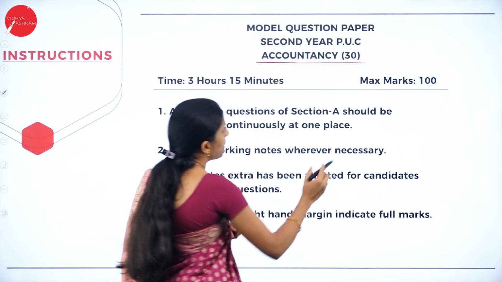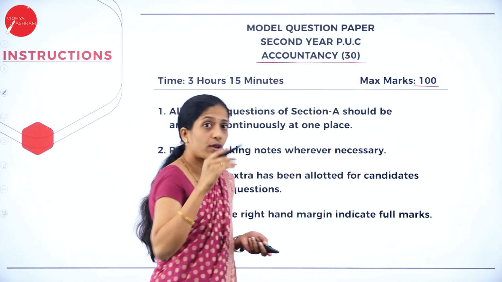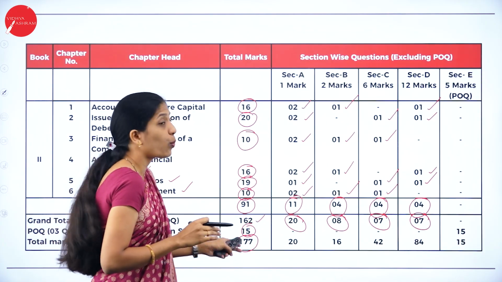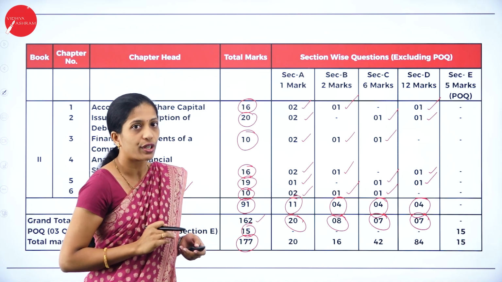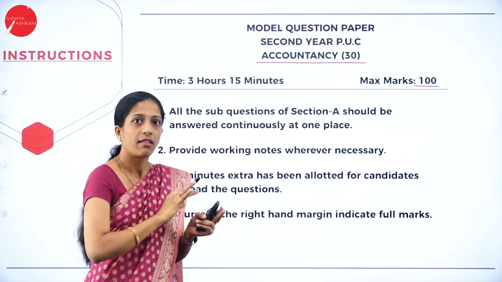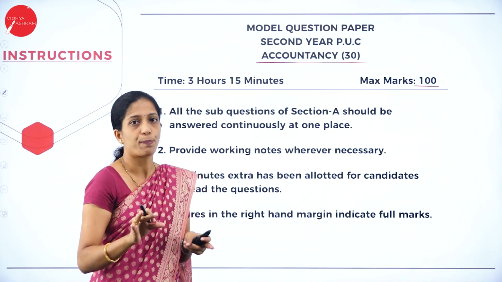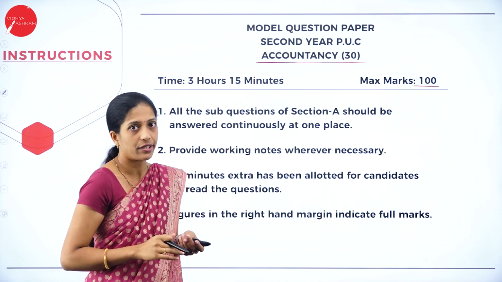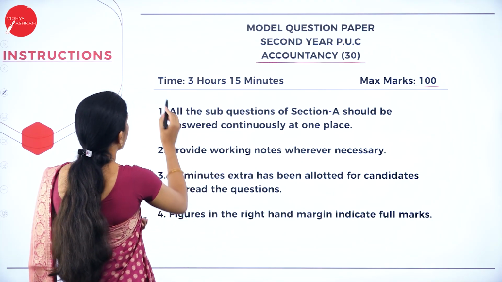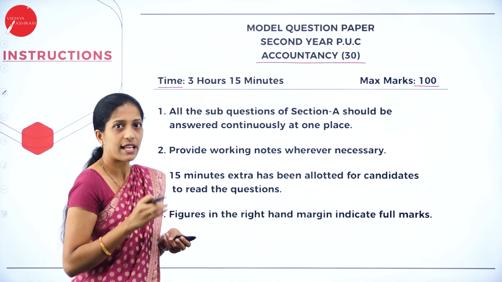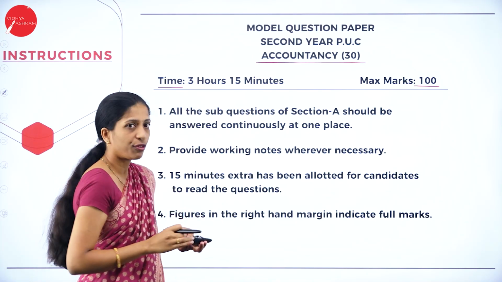The maximum marks is 100, but the total question paper will be set for 177 marks, where you are going to answer only for 100, that is excluding your options. And the time duration for your accountancy paper is 3 hours 15 minutes.